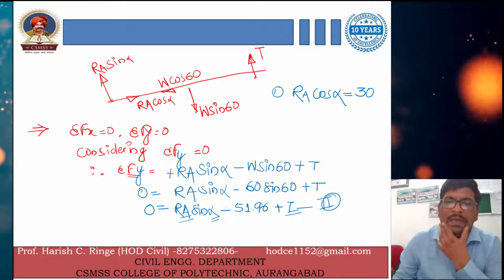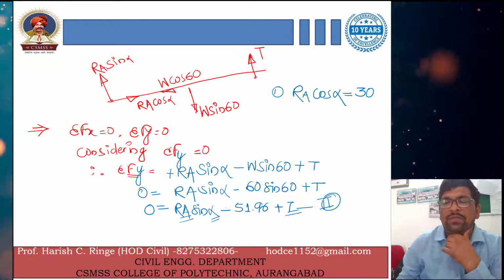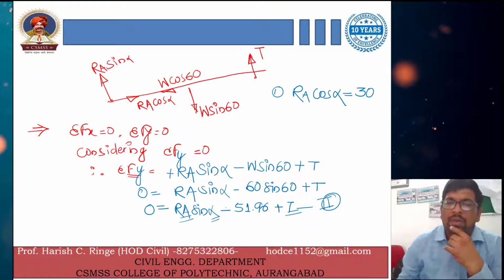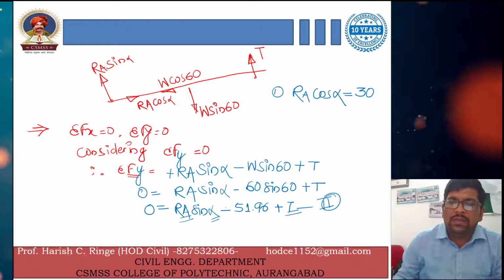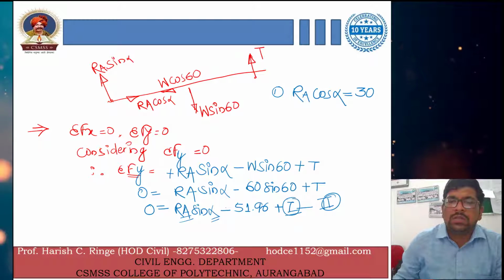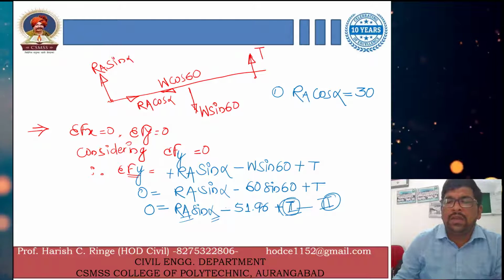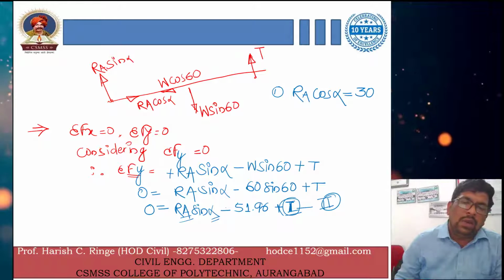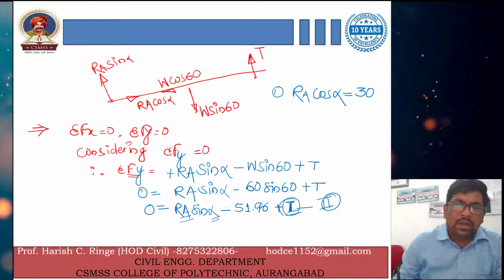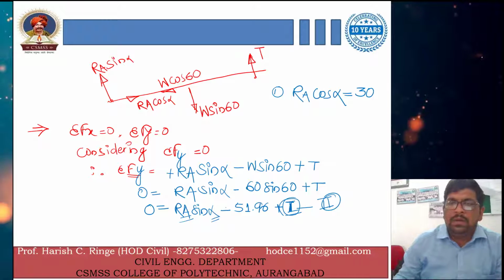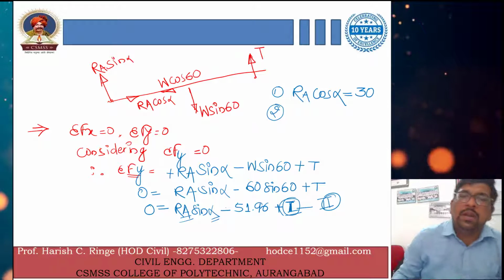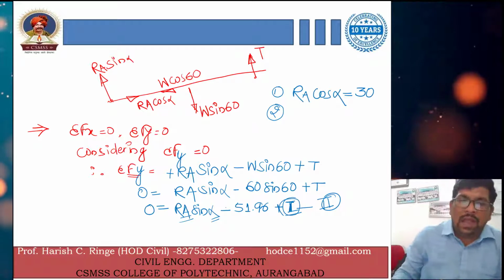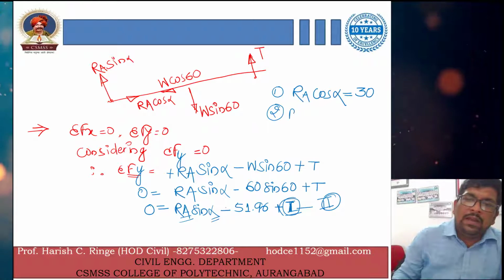In this case we are having three different unknowns, and that's why we cannot find out the value. Let us see how to calculate the value of T now, because until we get the value of T, we cannot solve the problem.